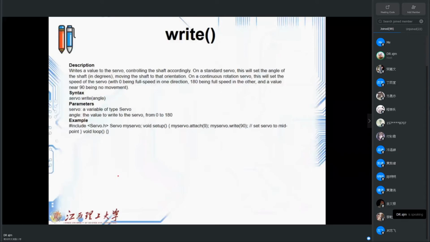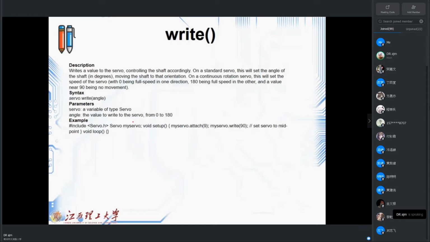Note this point. The syntax is very simple: servo.write(angle), where servo is a variable of type Servo, and angle is the value to write to the servo, from 0 to 180. The example is also simple. We just need Servo.h and myservo. In setup, we specify the pin to attach, and then write 90, meaning we will go to the 90 degrees, or mid value, of our servo.